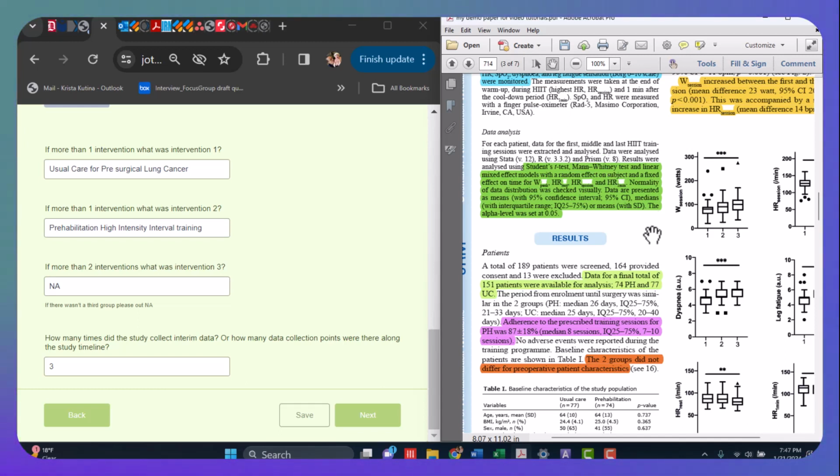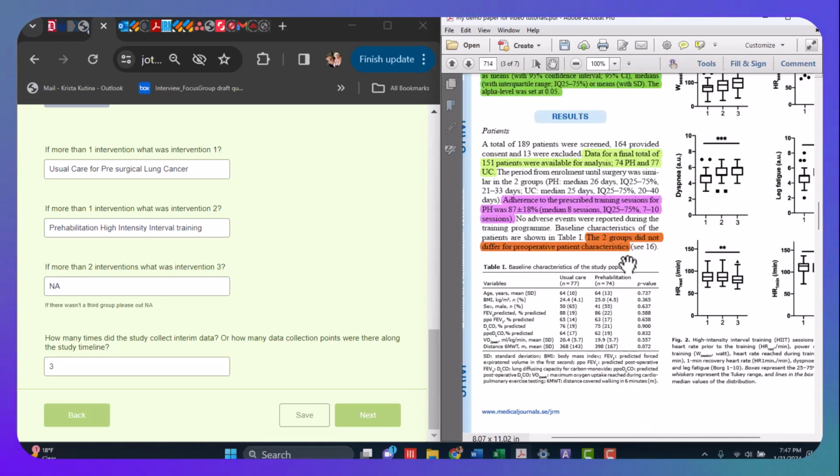And then their reports averaged it out to be pre and post. So I'm going to say that was 3 times. I would say 3 times they collected data. That's what I would say.